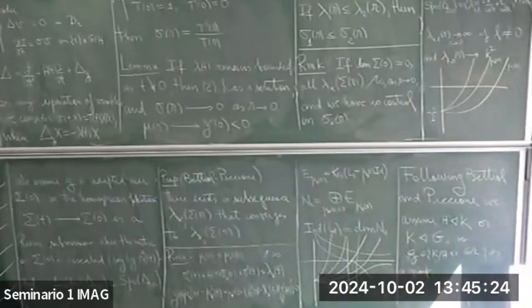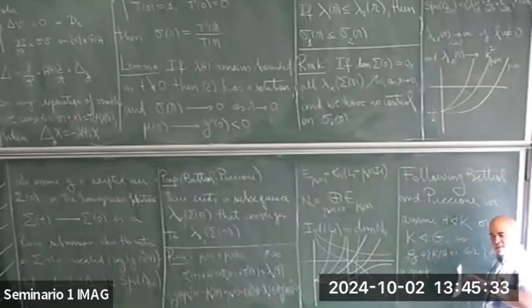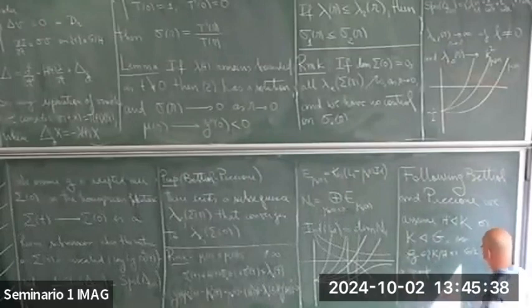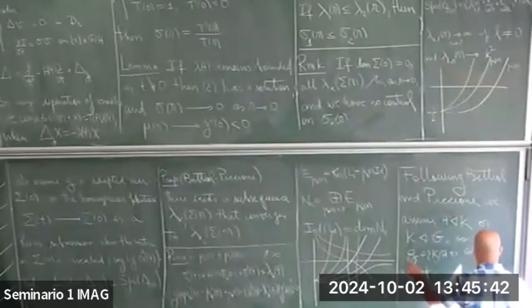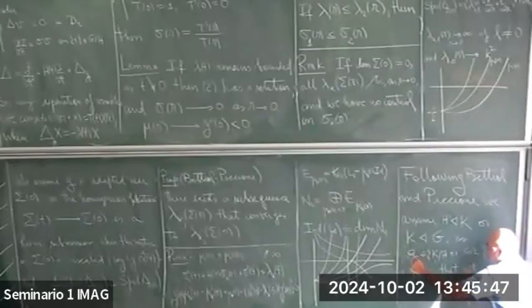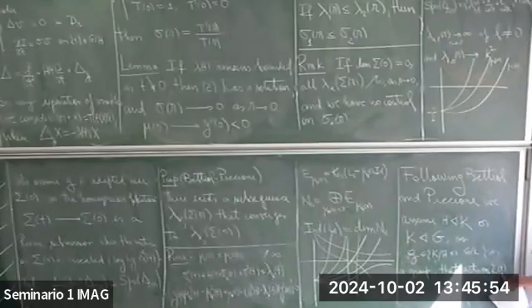Algebra 1. And this group acts on the principal bundle sigma t. In fact, this group acts on sigma t. Remember, sigma t is diffeomorphic to G over H.